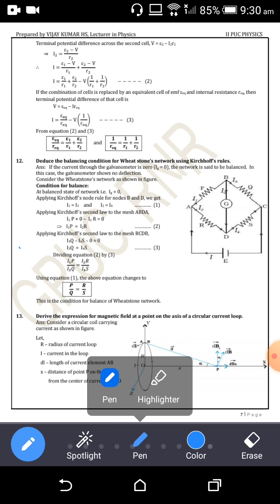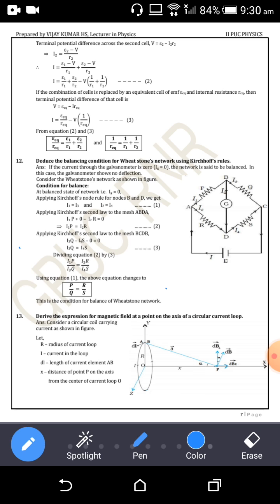Before deriving, please go through the sign convention of KVL, then start deriving. Go through this expression of the Wheatstone network. In case you have any doubts, you can let me know.